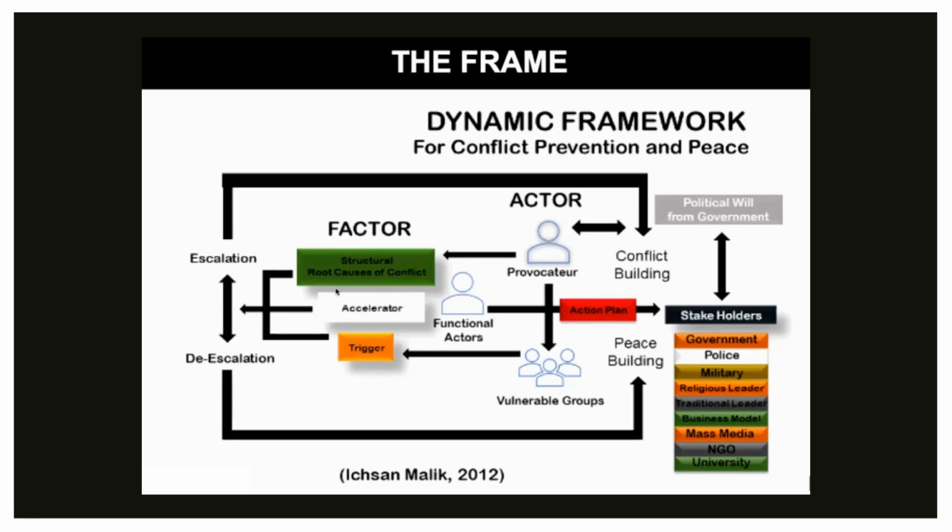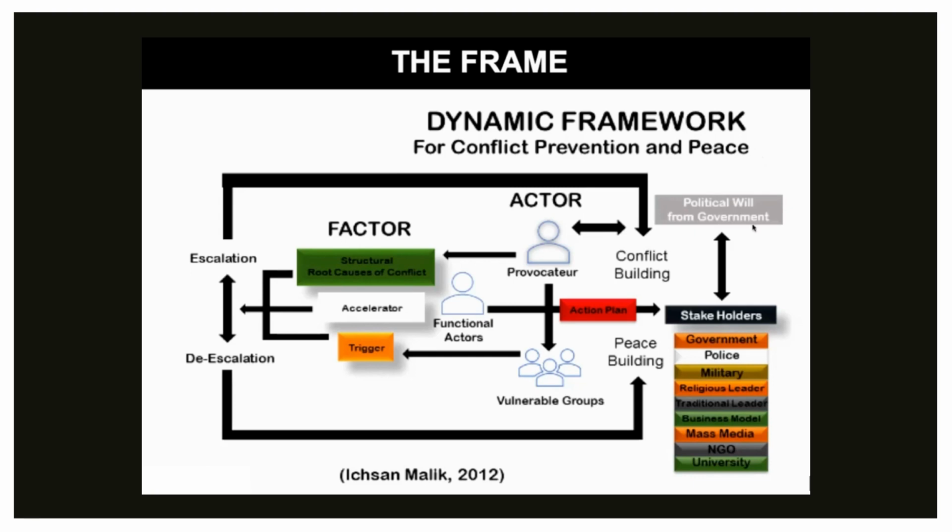And also, we can see that sometimes the vulnerable group becomes the trigger, and then the conflict escalates again. Sometimes there is a problem among the stakeholders, they don't have coordination. The functional actors and the stakeholders, and then the vulnerable group mobilizes again, becomes the trigger, and then the escalation becomes bigger and bigger.